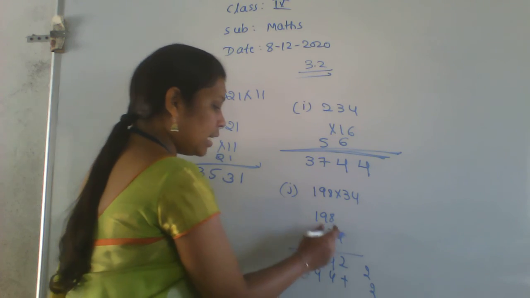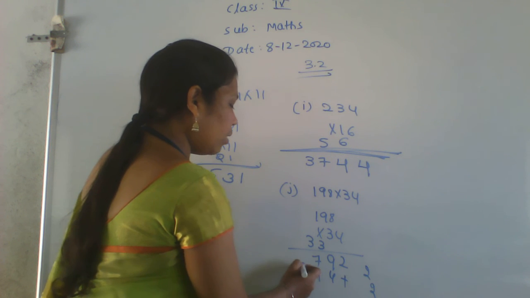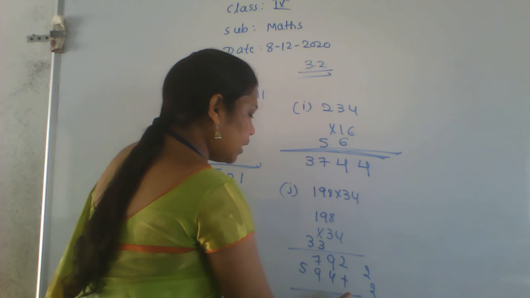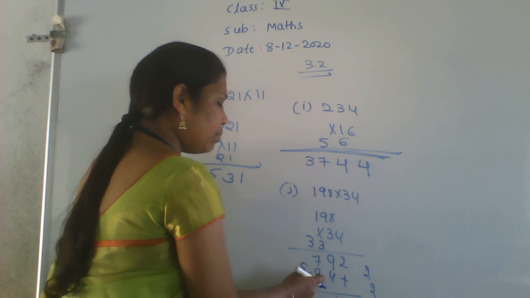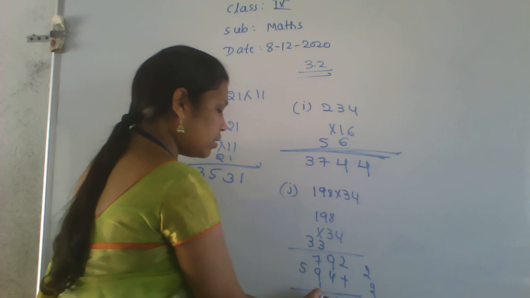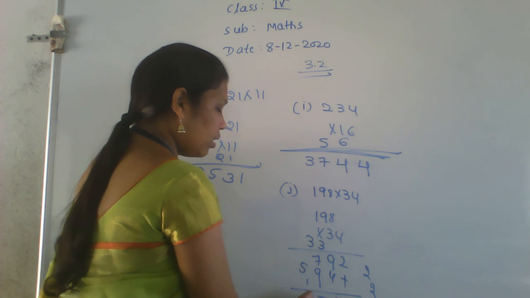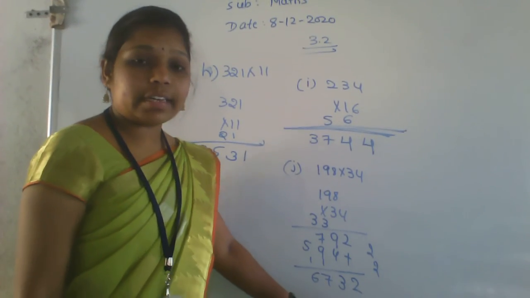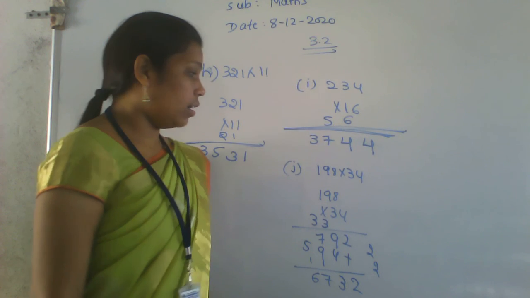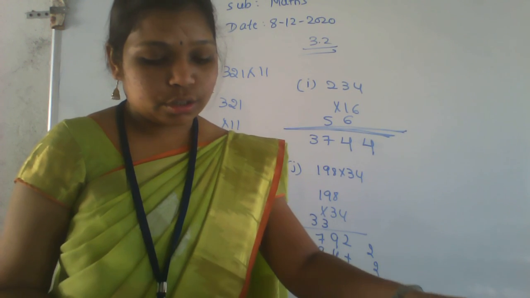Again 2 carry. 3 1s are 3. 3 plus 2 is 5. So what is the answer here? 2. 9 plus 4 is 13. 9 plus 1 is 10. 10 plus this is 17. And here 6. 6,732 is the answer.